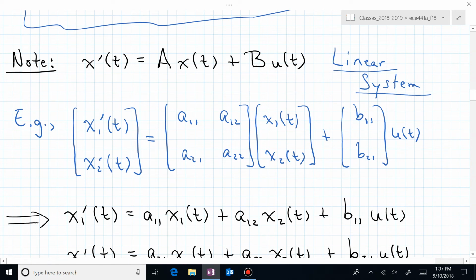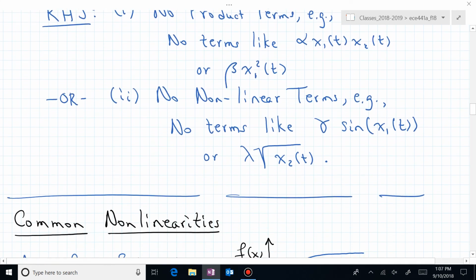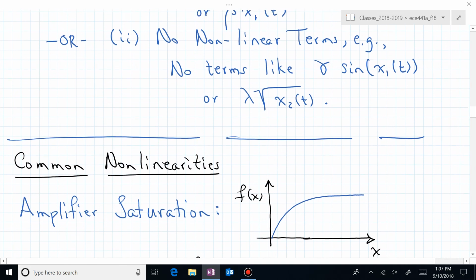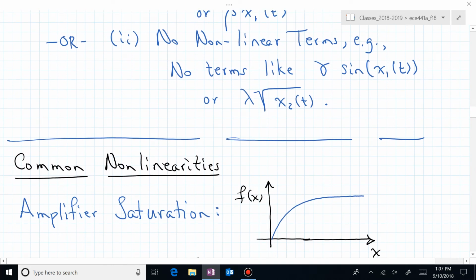Now that said, linear systems, usually we have to create those. In reality, most systems are nonlinear, and let's just look at some common nonlinearities that you might already have experienced. One is amplifier saturation.